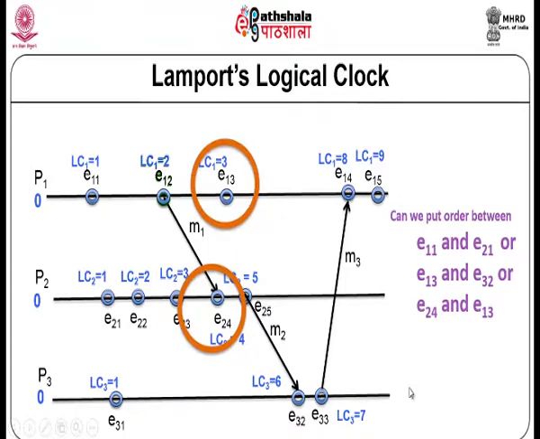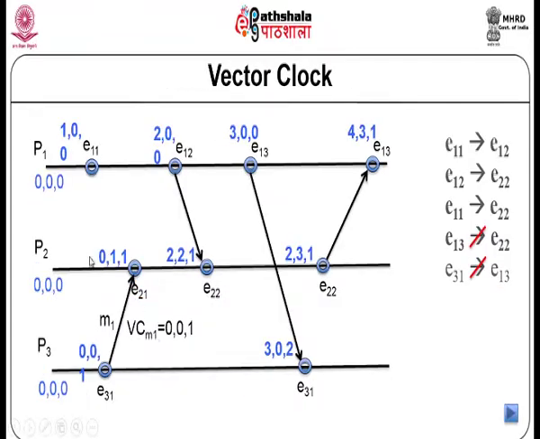So, as a result, we moved on to what is known as a vector clock. So, here is an example of a vector clock. In a vector clock, the values will be 3, 0, 0. In a vector clock, each process is represented by one value, and a clock will have n entries in a vector which represent the n processes in the system.